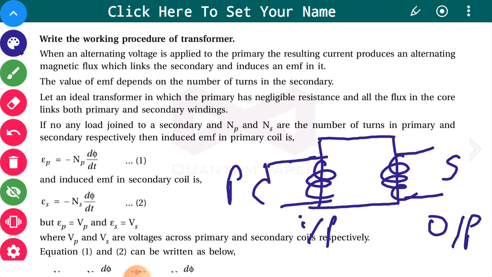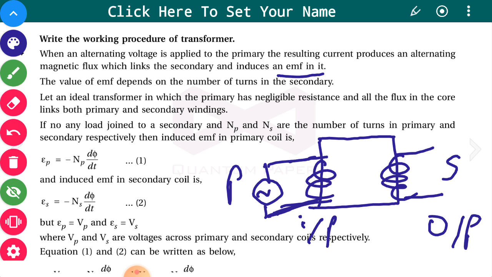Now in the input an AC source is applied. When an alternating voltage is applied to the primary, the resulting current produces an alternating magnetic flux which links the secondary and produces EMF.